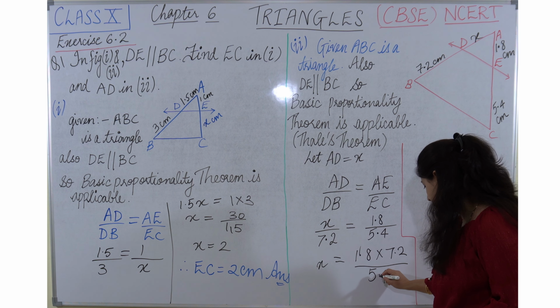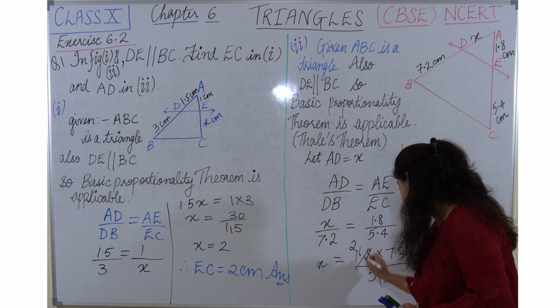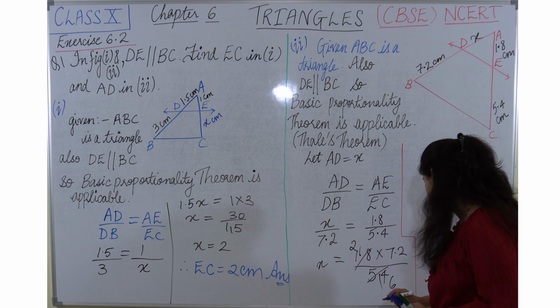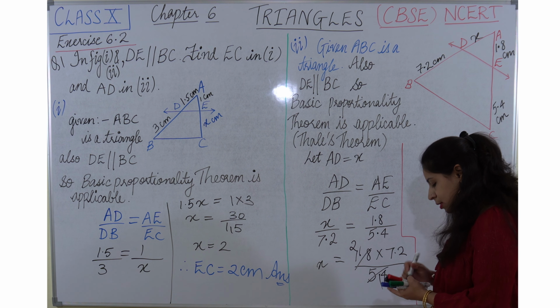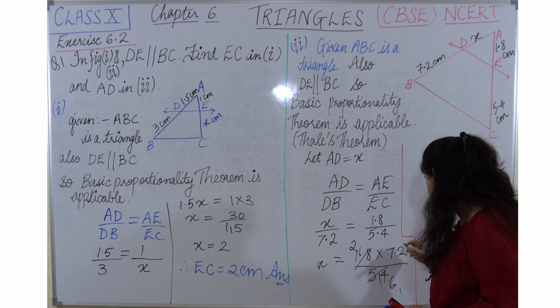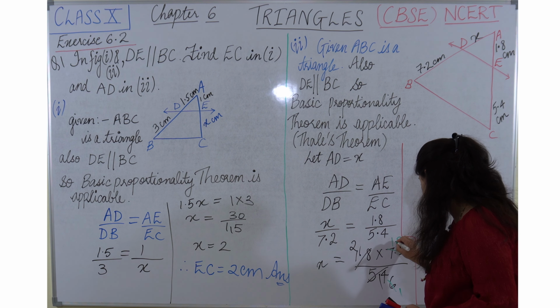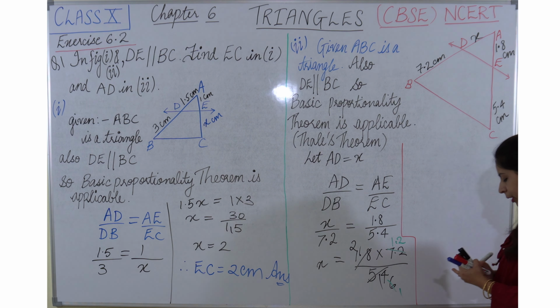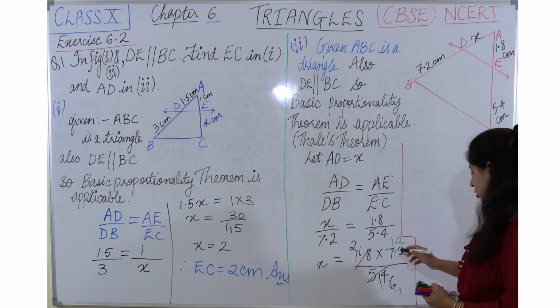The decimal points go, and it will be cancelled by 9. 9 2s are 18, 9 6s are 54. Then 6 1s are 6, 6 12s are 72. So there is a point over here, we have placed a point over here.